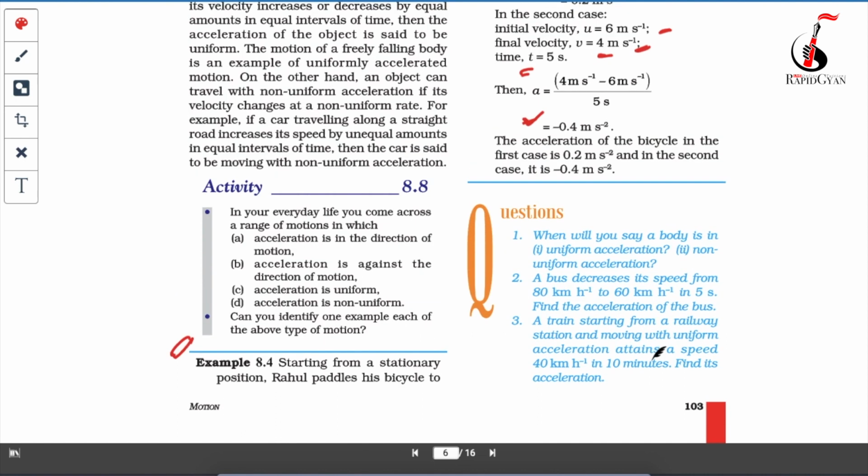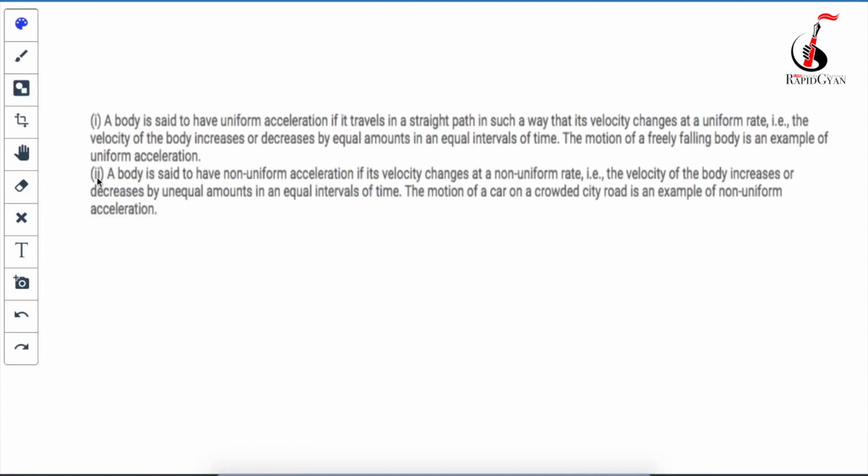Now let's solve a few questions on this. When you say a body is in uniform acceleration, guys, I have already explained this. When you say the body is in uniform acceleration and non-uniform acceleration, here I have written the definition for this. So please pause this video and write this definition. So first one is, a body is said to have a uniform acceleration if it travels in a straight path in such a way that its velocity changes at a uniform rate.